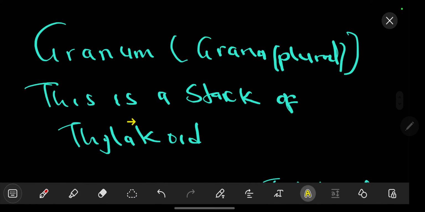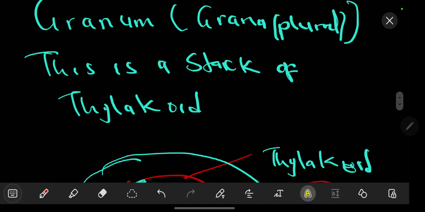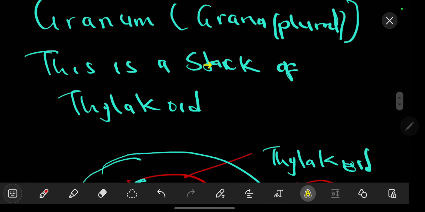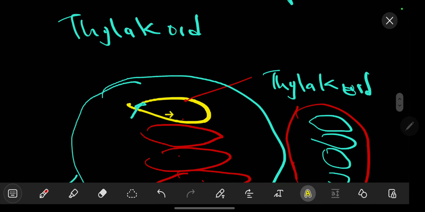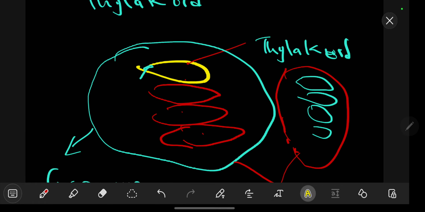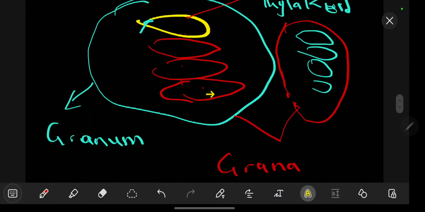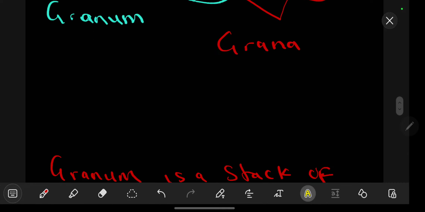So a stack of thylakoid is called granum. The thylakoid looks like this, just one. Then the stack. So remember, thylakoid, then the whole thing is the granum. Grana, let's say we might have two stacks of thylakoid, we are going to call them grana.